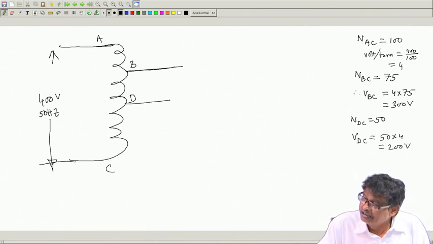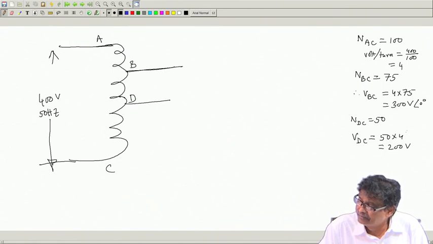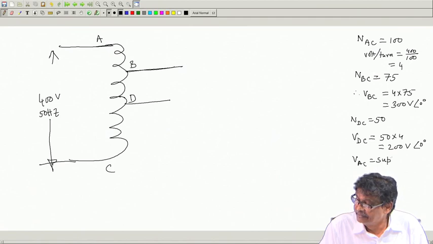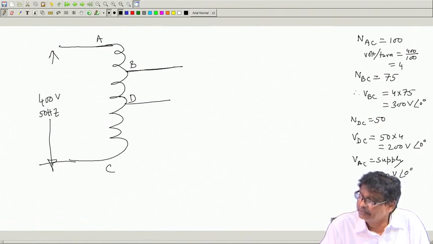And mind you, all these voltages are in phase. This is 0 degree, this is 0 degree, and your supply voltage VAC is also 400 volt 0 degree. That is the thing.